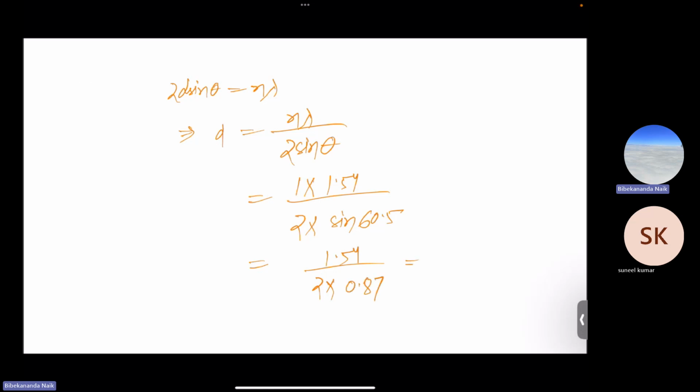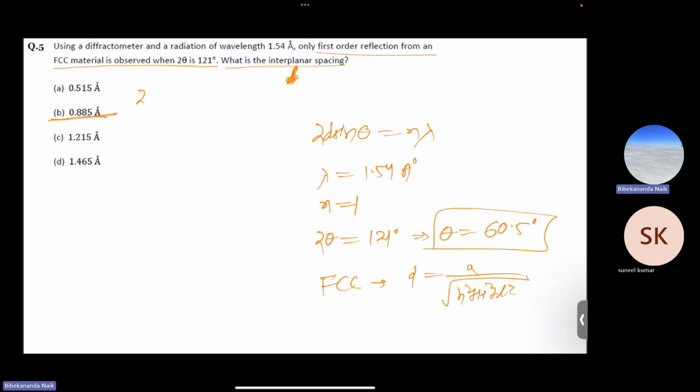So it will be 0.885 angstrom. So the correct option will be option B, 0.885 angstrom.